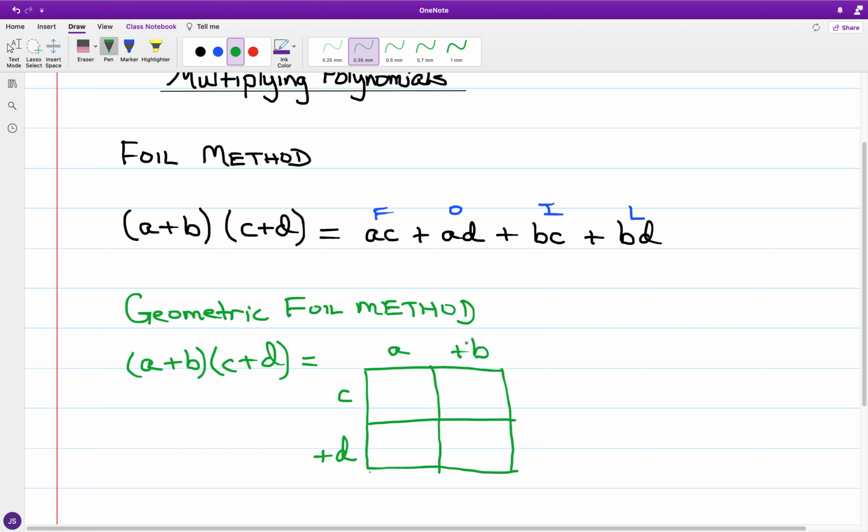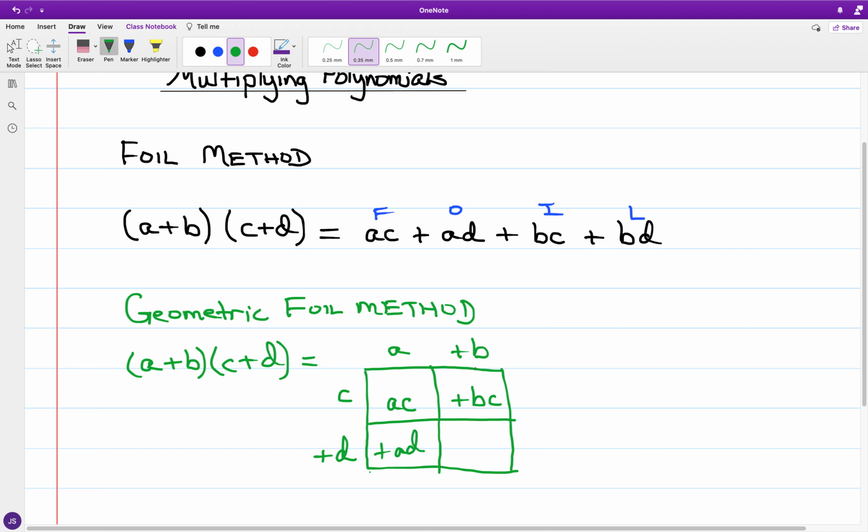In other words, reverse the row and the column headings. But with this arrangement, in the first column you have a times c. Then for this particular section, you have a and d, so plus a times d. For the second column, you have c and b, so plus b times c.